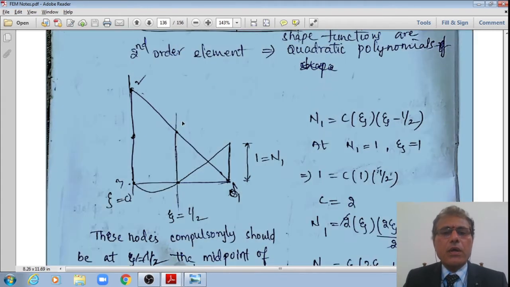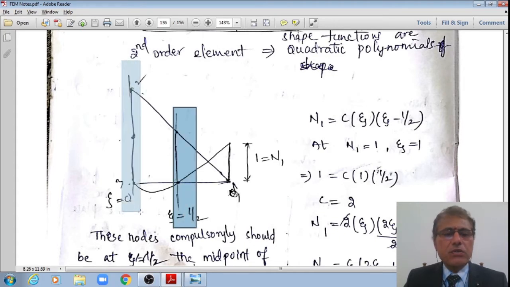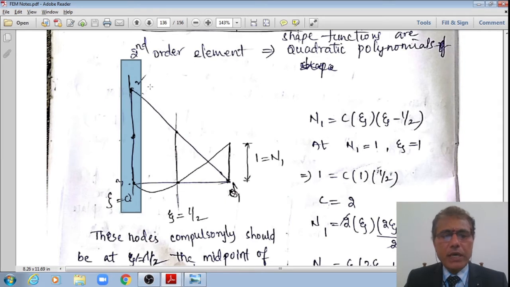But we already know how to write the shape function using mathematics as a product rule. Here this shape function becomes 0 at xi equal to plus half, as well as at xi equal to 0, at these two lines.